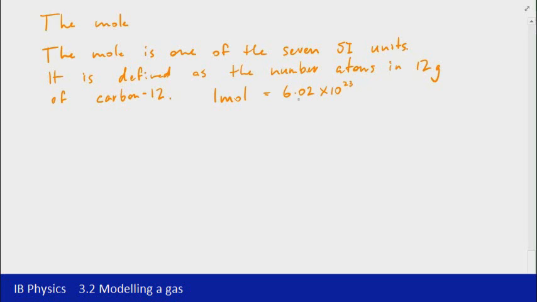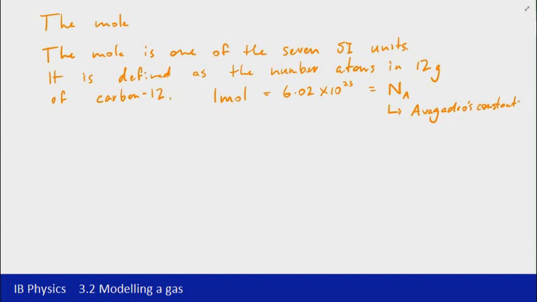That particular number, 6.02 by 10 to the 23, is usually denoted as an N with a subscript A. And that value is known as Avogadro's constant. Spell that right. Avogadro's constant. So it's the number of particles that equates to 12 grams of carbon 12.